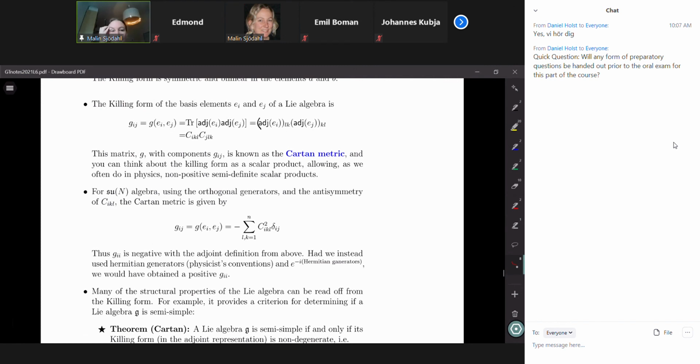Then, if we consider the case of an SU(N) algebra, a very important special case, then the C's were antisymmetric in all the indices. And if we use this form here for the ij, it's the same thing. Observe that we can swap the order at the expense of a minus sign. So we have the i standing here, the j standing here.